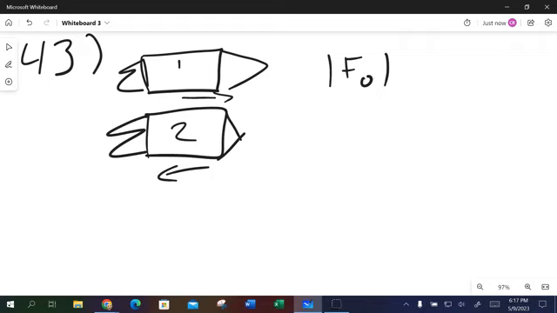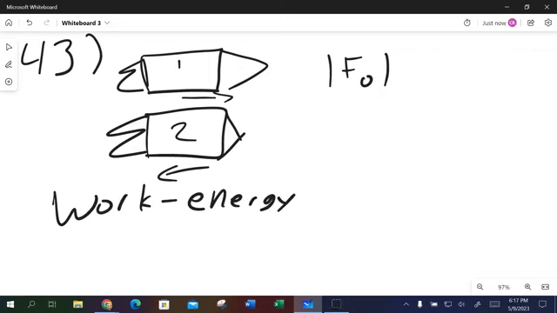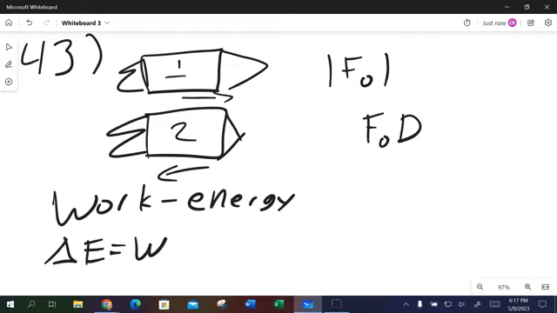So what we're going to use here is the work energy theorem, which just states that change in kinetic energy is equal to work. Well, we know that this ship is going to go further and acts the same force. So work of spaceship 1 is F0 times D, and work of spaceship 2 is going to be the same force, but with less distance traveled since it slows down but doesn't come to a stop.